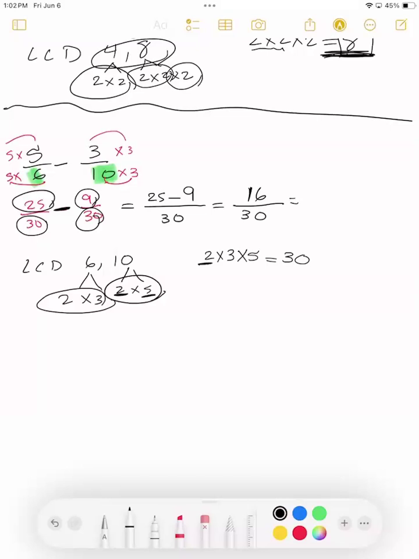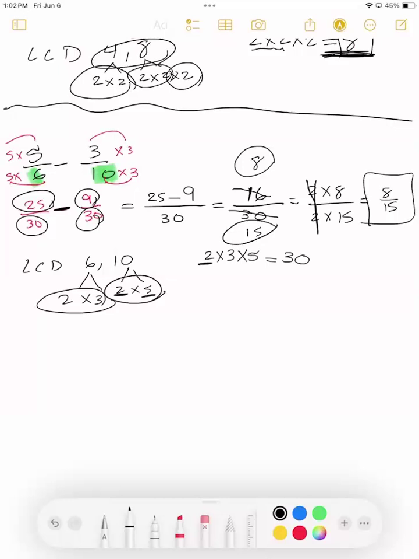Why? Because 16 is 2 times 8, and 30 is 2 times 15. 2 and 2 are canceled. I get 8 over 15. Or you can say 2 goes into 16 8 times, 2 goes into 30 15 times. So the answer is 8 over 15.